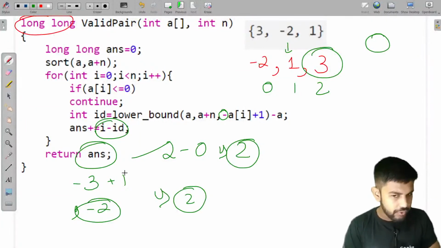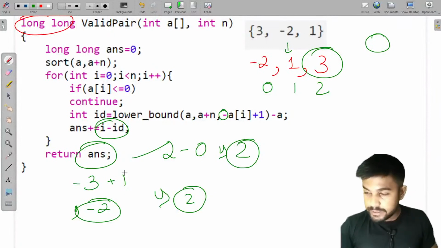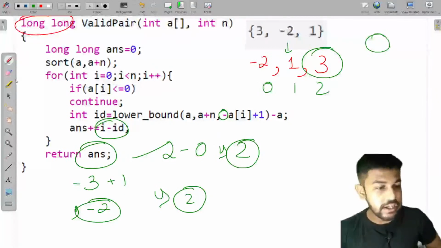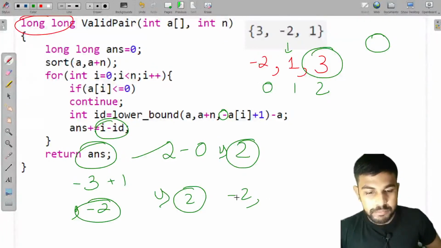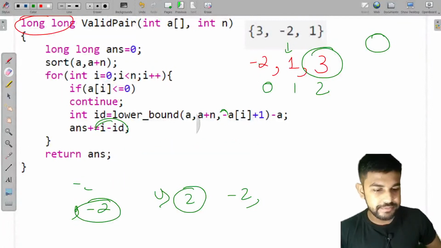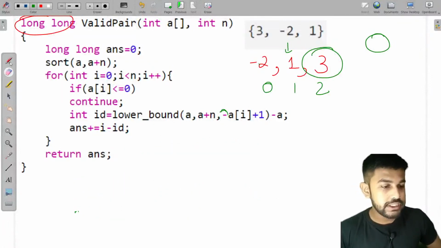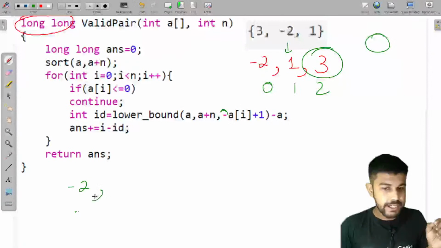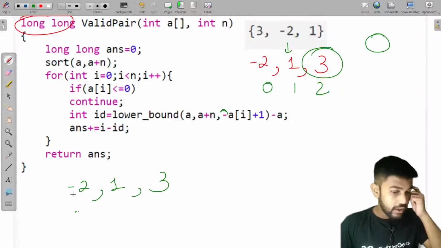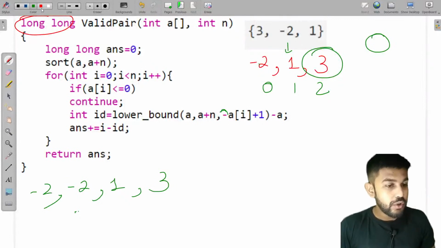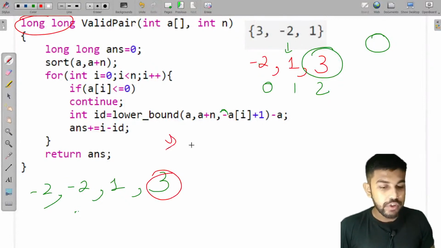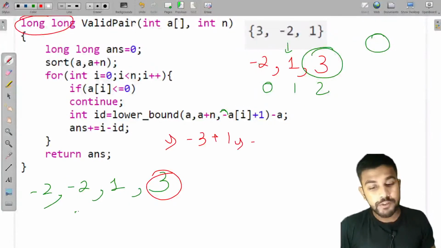Yeah, this algo would work for duplicates as well. Let me take an example. Suppose this is -2, 1 and 3. Just take one more value, that is -2 here. So we would do 3, and the value would be -3 plus 1, that would be -2.